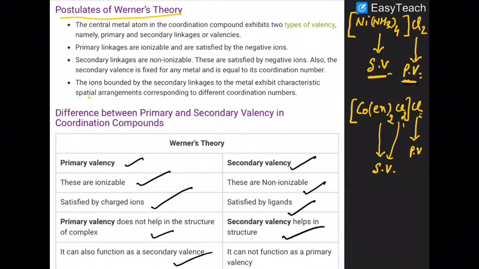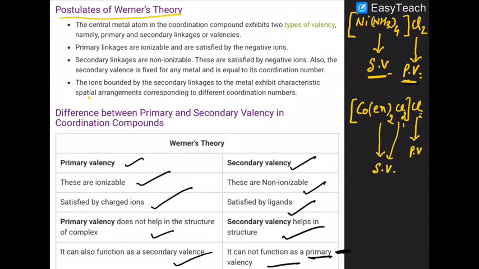Secondary valencies help in determining the structure. So the spatial arrangement of the complex is given by secondary valencies. In most of the cases secondary valencies may not have primary valencies. So this is not a completely right sentence.